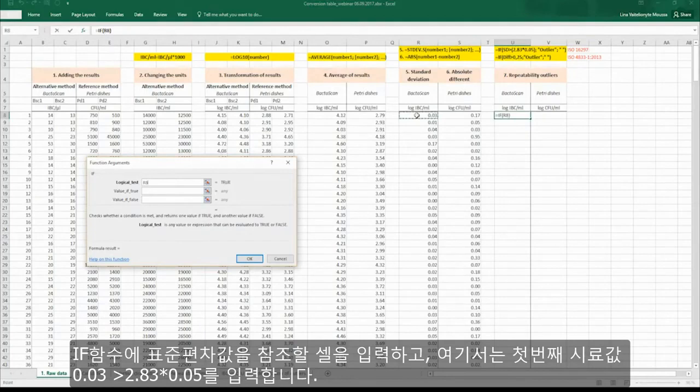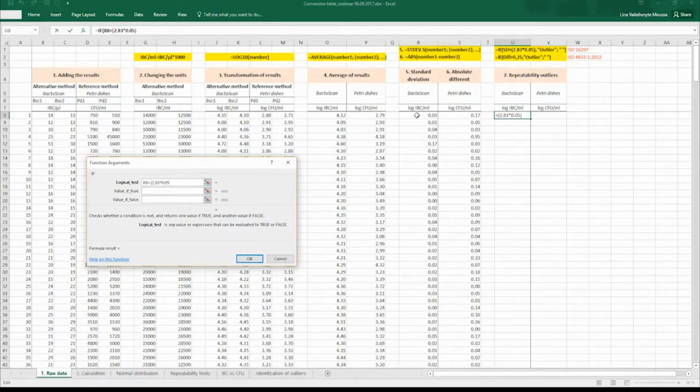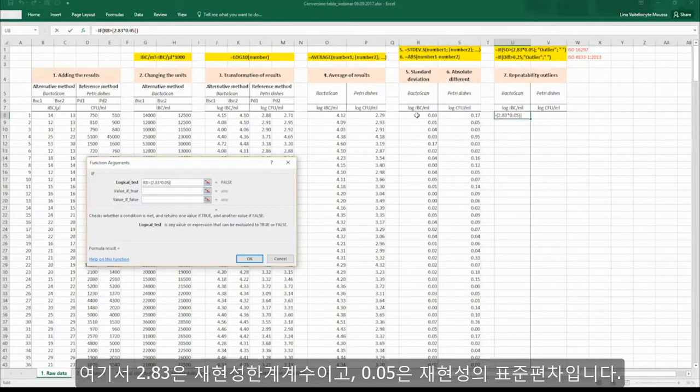The standard deviation from the first sample, 0.03, should not be higher than 2.83 multiplied by 0.05. 2.83 is a coefficient of repeatability limits, and 0.05 is the standard deviation of repeatability.